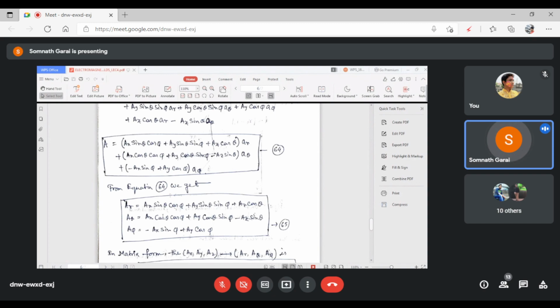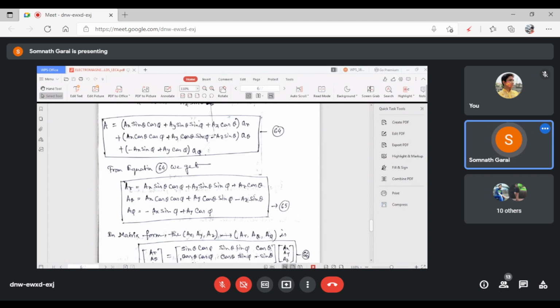So we can write AR is equal to AX sin theta cos phi plus AY sin theta sin phi plus AZ cos theta. A theta is equal to AX cos theta cos phi plus AY cos theta sin phi minus AZ sin theta, and A phi is equal to minus AX sin phi plus AY cos phi.